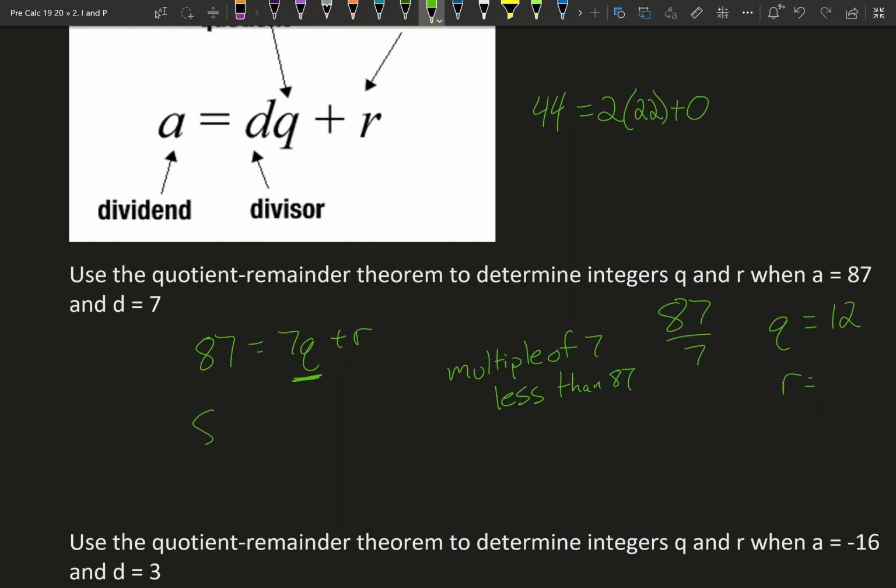So what we do is 87 is equal to 7 times 12 plus r. And then we multiply that 7 and 12, and end up with 84. Then we just solve for r by subtracting 84 from both sides. And then our remainder for this problem is going to be 3.